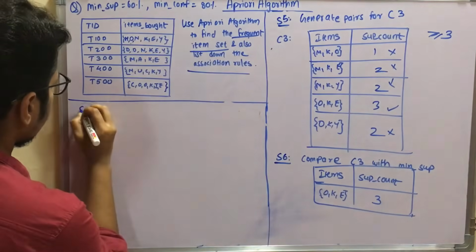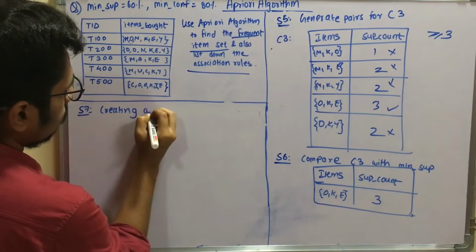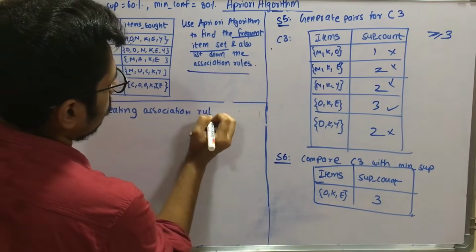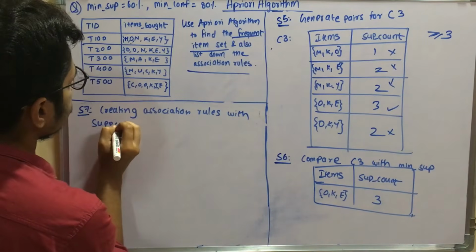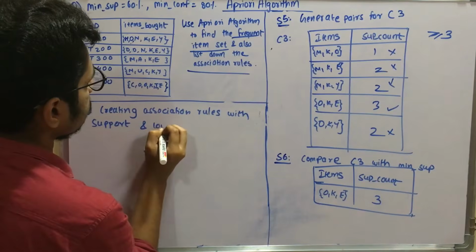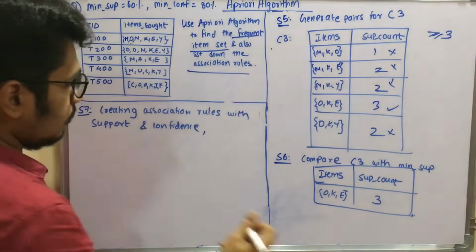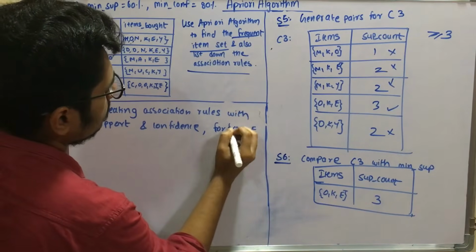So we create, that is step 7 will be creating association rules with support and confidence, and that will be for item set, that is OKE.